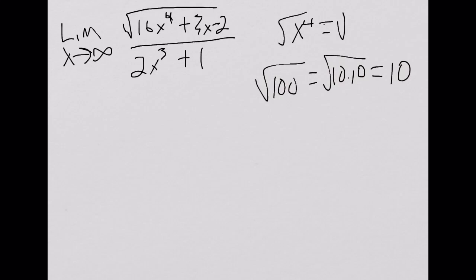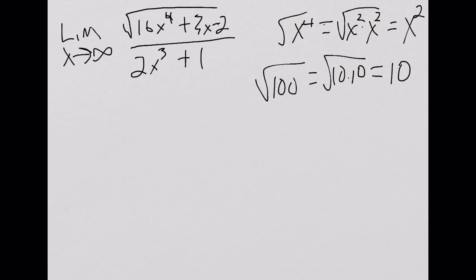So x to the 4th can be written as the square root of x squared times x squared. So when I square root that x to the 4th, I get an x squared.